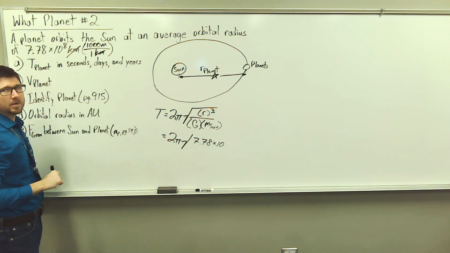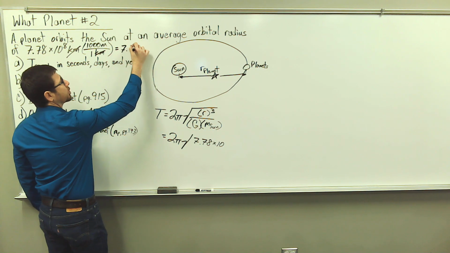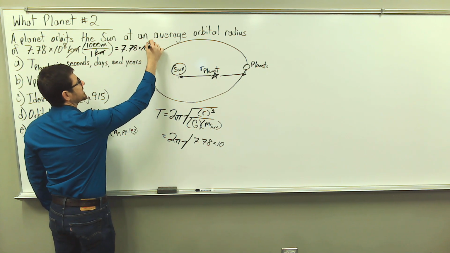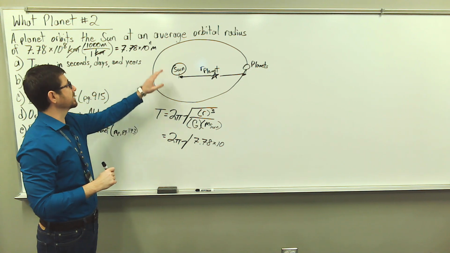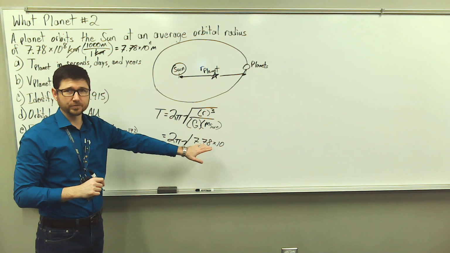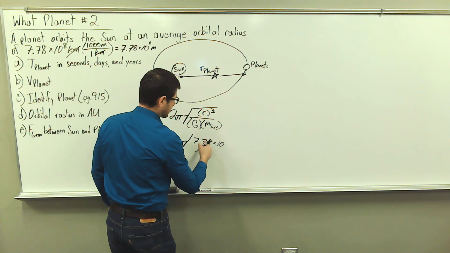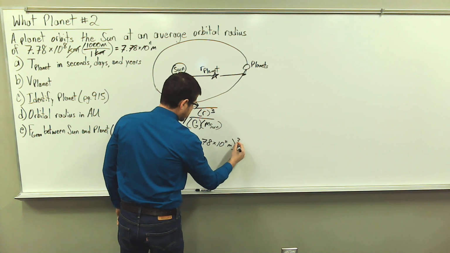The units of kilometers would cancel, and then this would become 7.78 times 10 to the 11th meters. So we have to have the units in meters, so we're going to use this value in the numerator here under the radical. So 7.78 times 10 to the 11th meters.